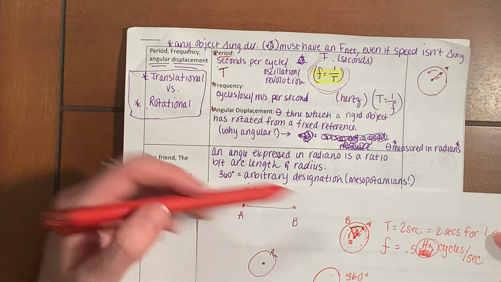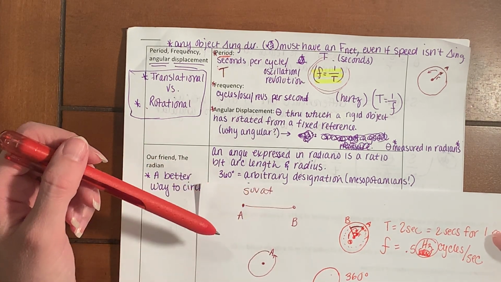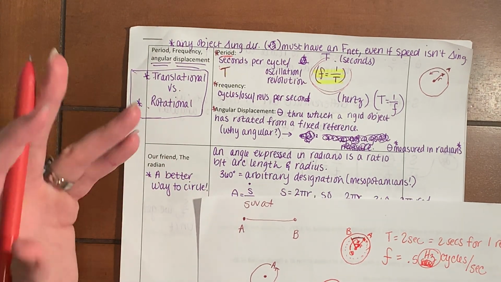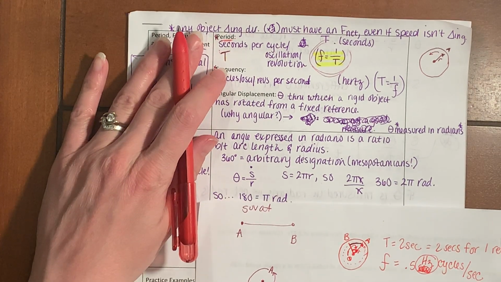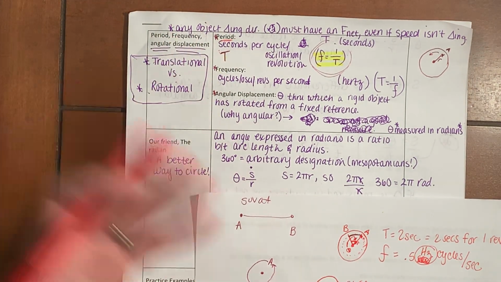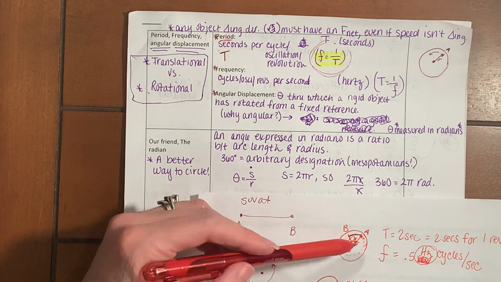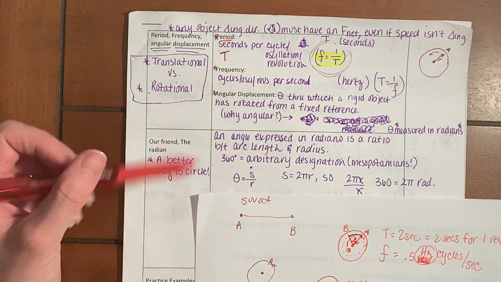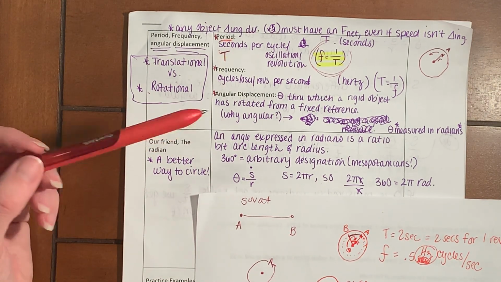But when we want to talk about things in terms of physics, the radian is a much better way to do it, just because it helps us account for that consistency of being the angle that gets passed through, as being that fixed reference.